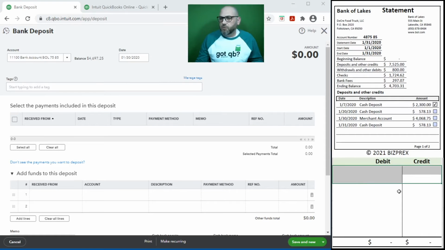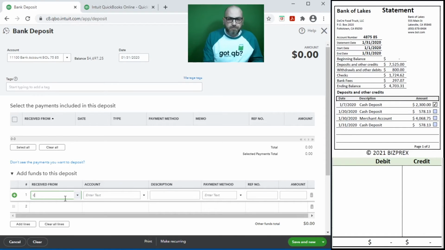All right, we have one more cash deposit. We know that's also a sale, right? We only had one investment. After that, we started making money. All right, so here it is. All right, this is cash, cash sales.